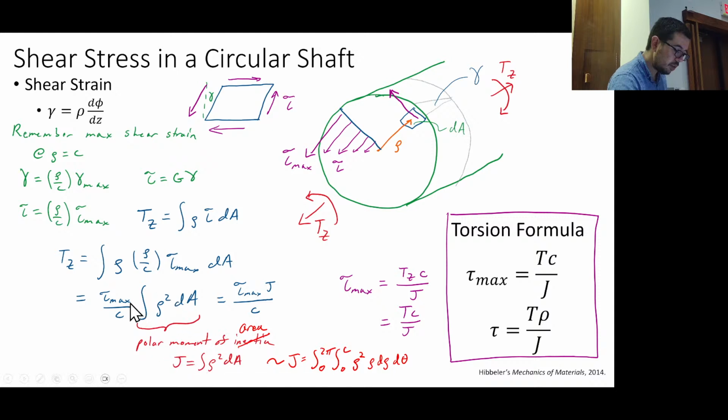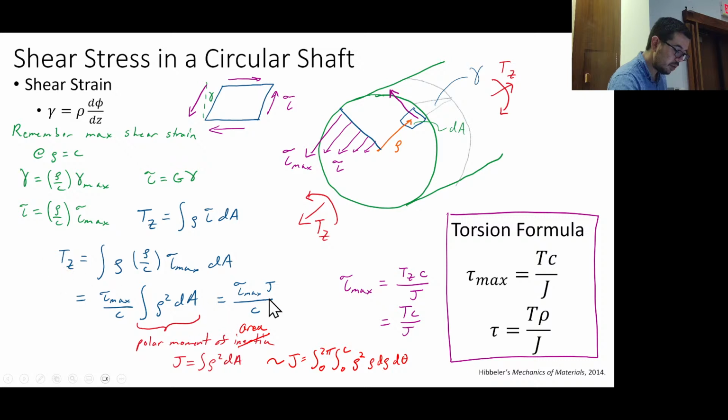That plugs in here, so we get tau max times J over C. And the tau max can be written as torque times C divided by J, right? This is just manipulating.